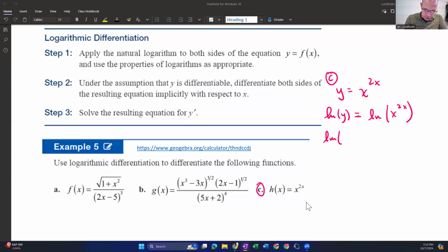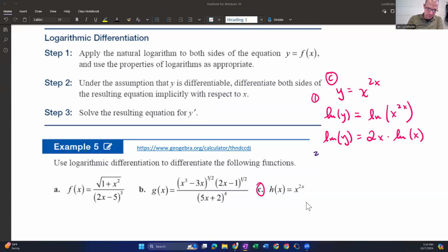So on the left-hand side, we still have natural log of y, but on this side, we could have 2x times the natural log of x, bringing that exponent out front. Notice that we haven't taken any derivatives yet. This is just rearranging the original equation that we were given. We're using properties of logs. Now is when we will do, I guess this is step one.